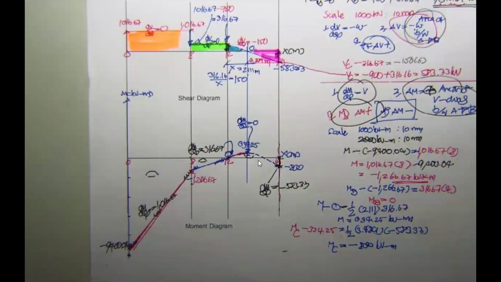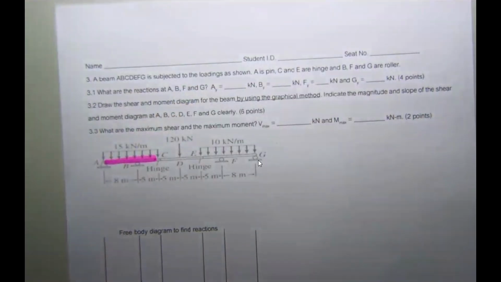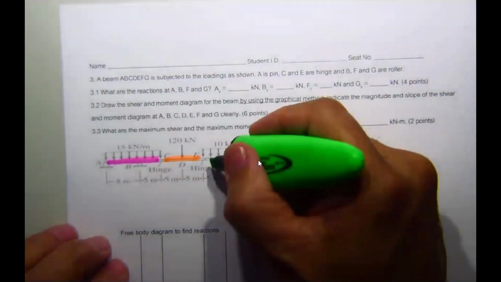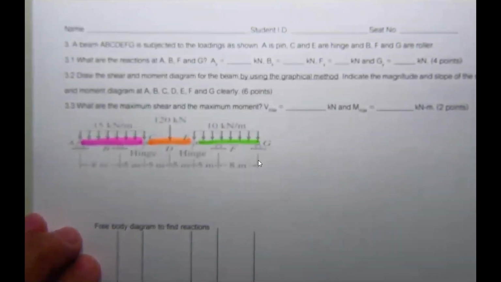I have to determine the reaction for the next one. Let me move. You may try this one later. Coming to the next one, this beam has one portion, a second portion, and then a third portion. This beam is going to have 3 portions, more than the previous one.